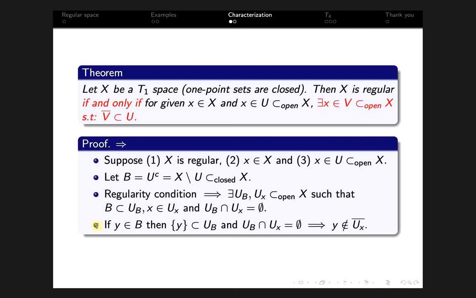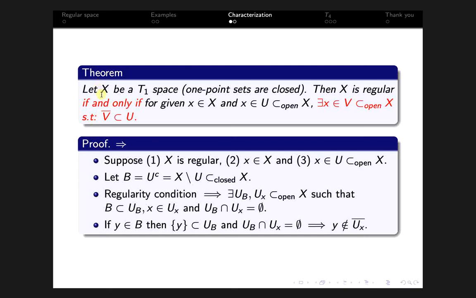So we characterize regular spaces, that is, an if and only if condition for when a space X is regular. As I said, always in this video, topological spaces are T1, that is, one point sets are closed.